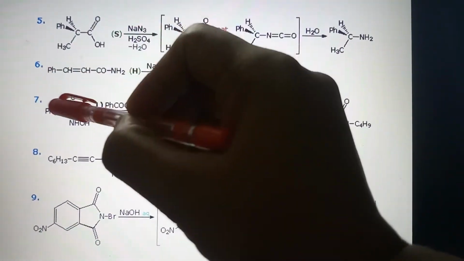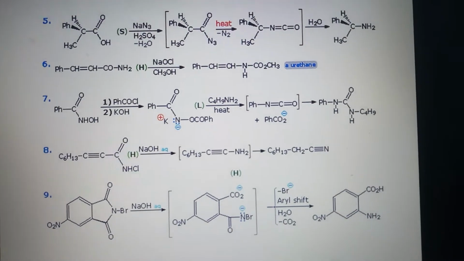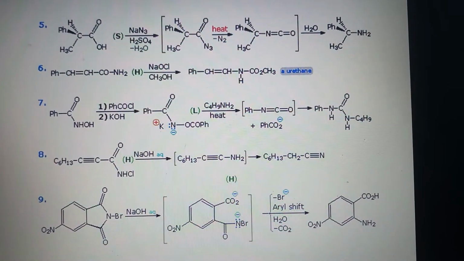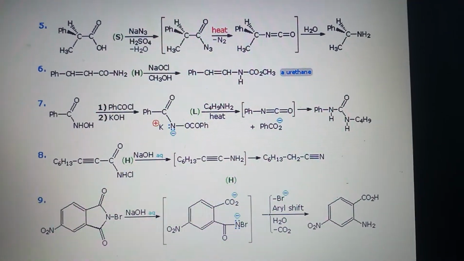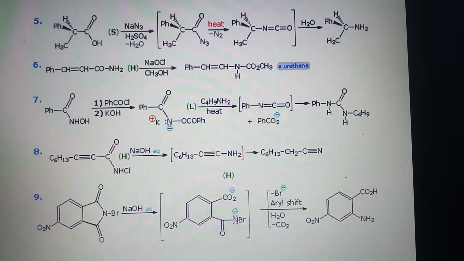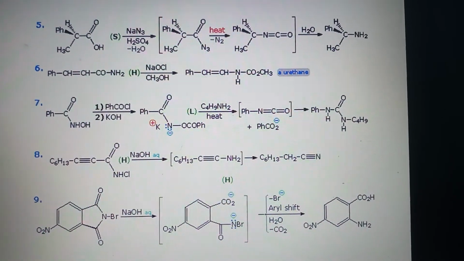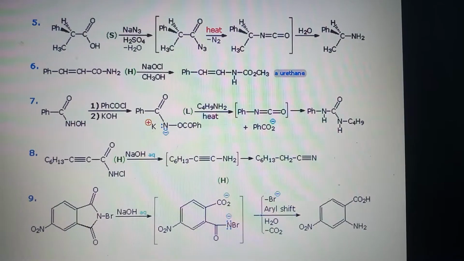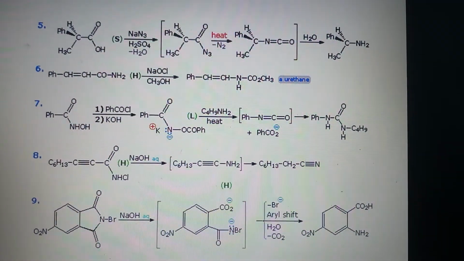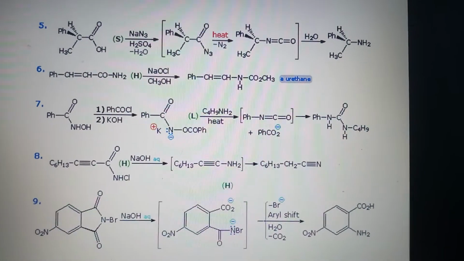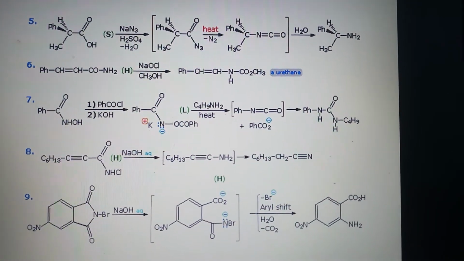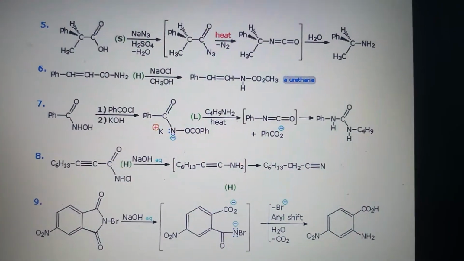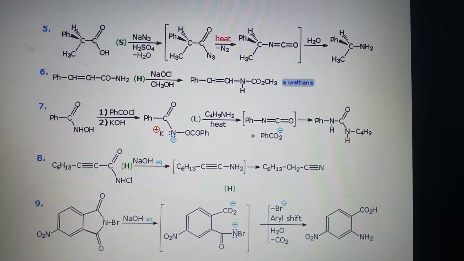Reactions 6 and 7 are interesting as water is absent during the formation and reaction of the isocyanate, as we have seen in our previous examples. The alcohol solvent in example 6, we have seen here alcohol, adds to the isocyanate to produce a carbamate ester known as urethane, and it may be isolated as a pure compound.